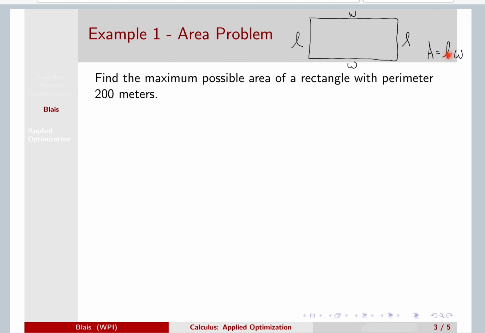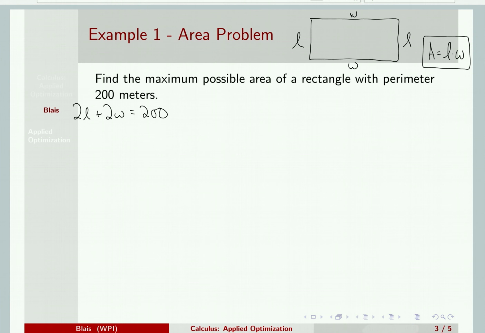In this case, we notice that there's a relationship between W and L. Specifically, the perimeter has to be 200 meters. So we have 2 times the length plus 2 times the width is 200. This is nothing more than summing up the lengths of the sides of the rectangle to get the perimeter. If we divide by 2, we get L plus W is 100, or solving for L, L is 100 minus W.